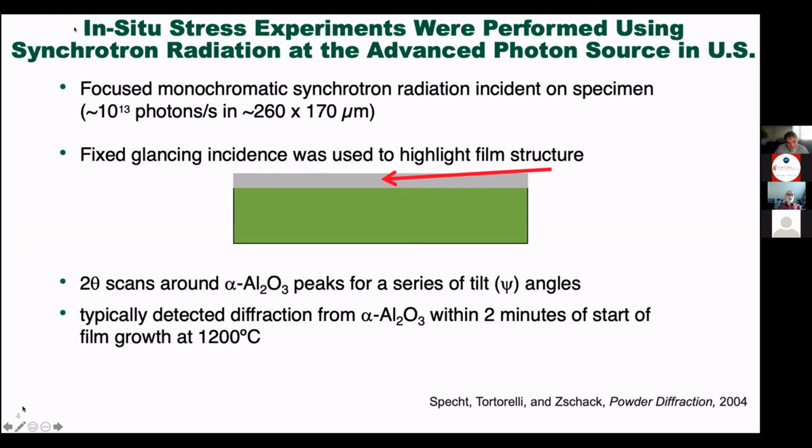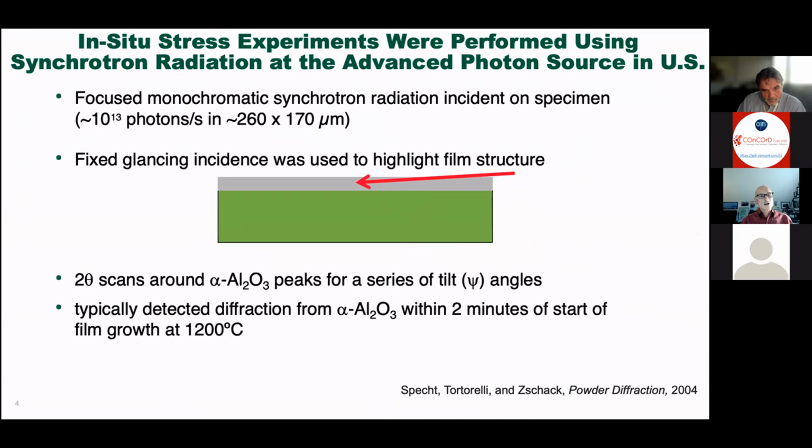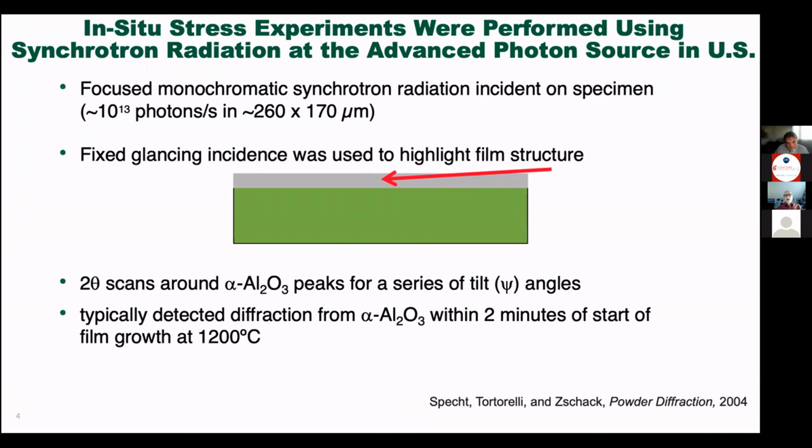So very quickly, we use synchrotron radiation at the Advanced Photon Source at Argonne National Laboratory to look at stresses in thin oxides forming at temperature on various alloys. In this case, it's all alloys that formed alumina, and so we're strictly talking about stresses in alumina oxide scales.